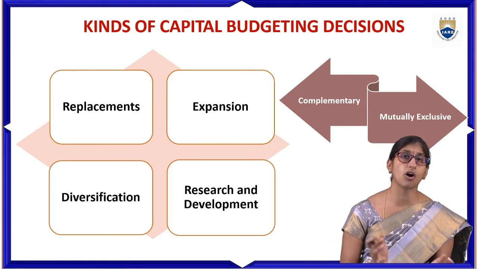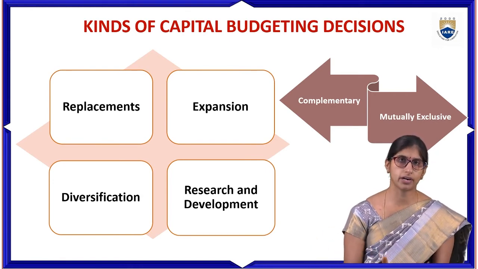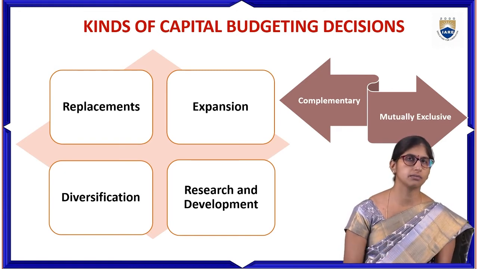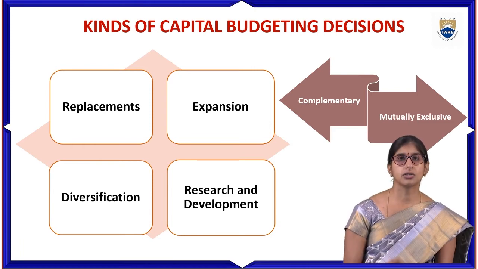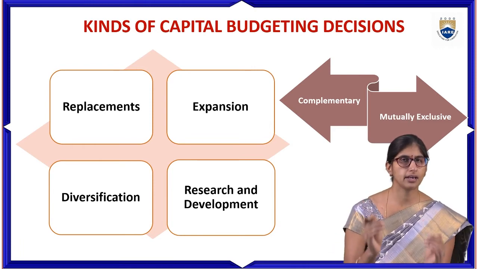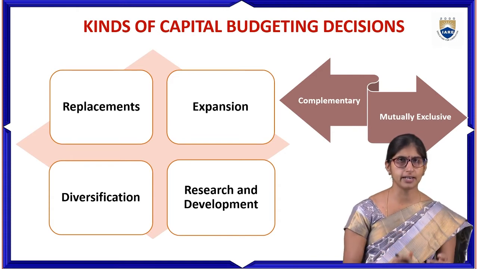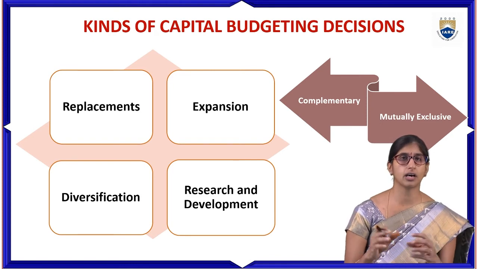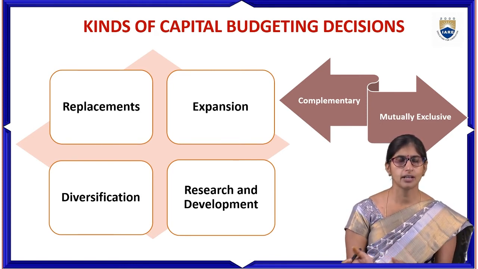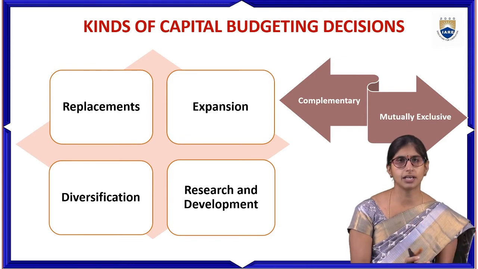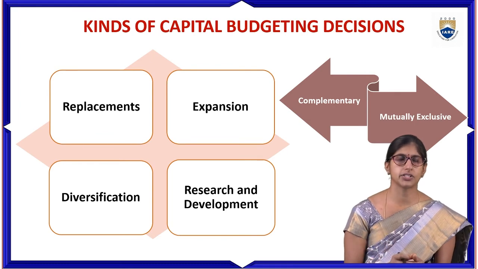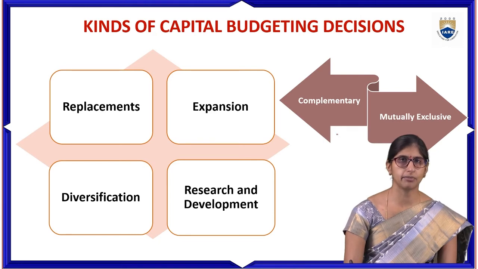These are the complementary facilities which an organization or institute provides to the employees or the people who are working there. Here, the canteen cannot be constructed on its own; unless there is an organization or a building there, the canteen facility cannot be prepared. So this is a complementary capital budgeting decision.